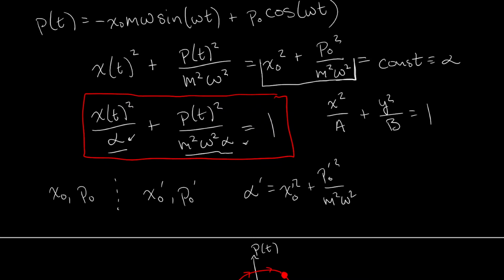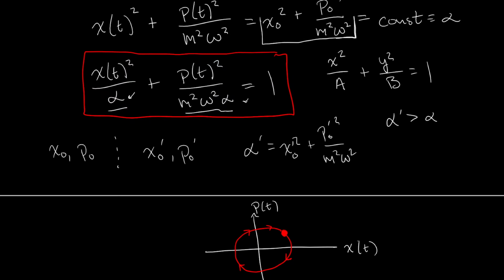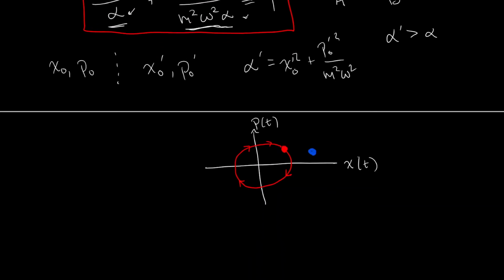So now we see, again, this is just another restatement of no two paths can ever cross in phase space. Say alpha prime is bigger than alpha. In this case, both the semi-minor and the semi-major axes are bigger, which means I'll end up with an ellipse that is out here now.